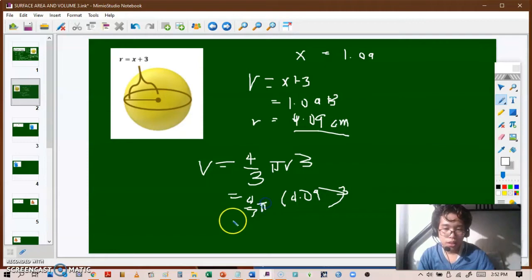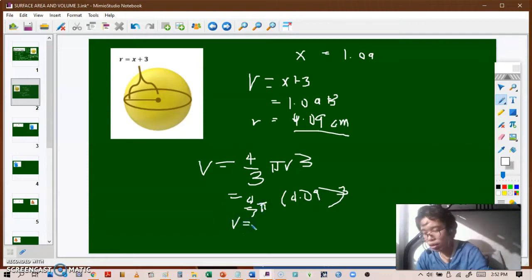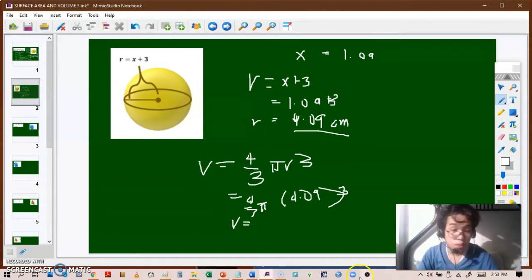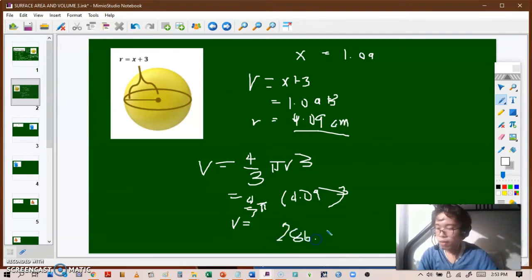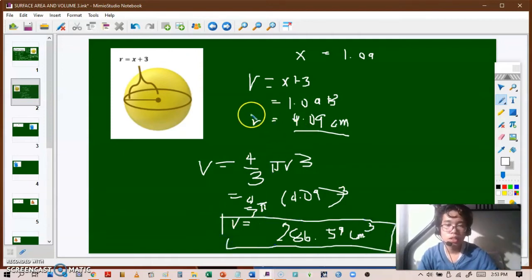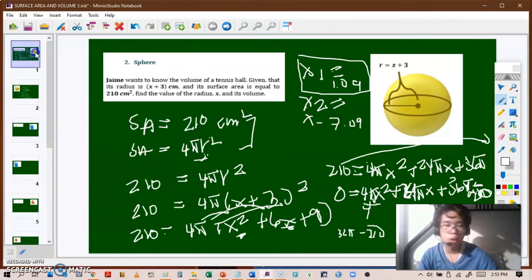So you get that the volume is equal to 4.09 cubed, which is 68.42 if you round off, times 4 thirds pi, so that's going to be 286.59 cubic centimeters. So this is the volume of the tennis ball, and this is the radius, and we have solved the problem for the sphere.